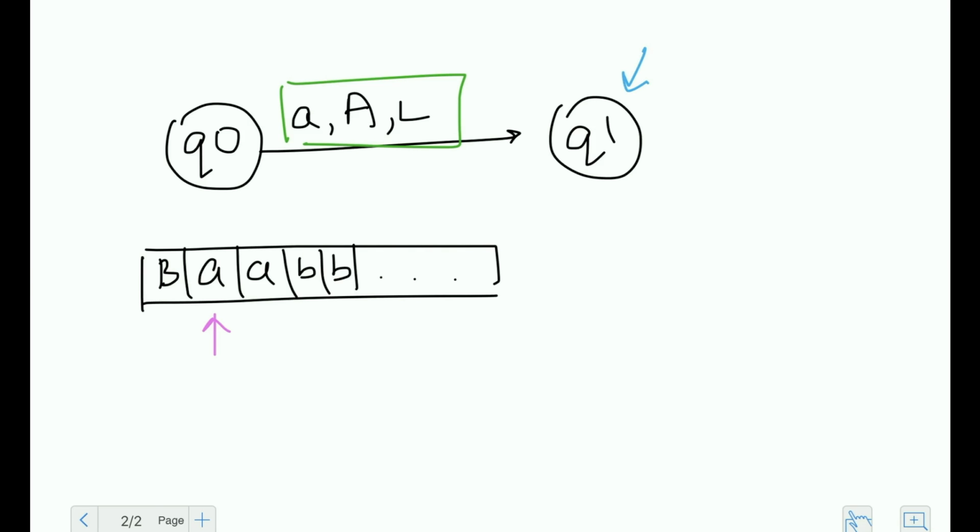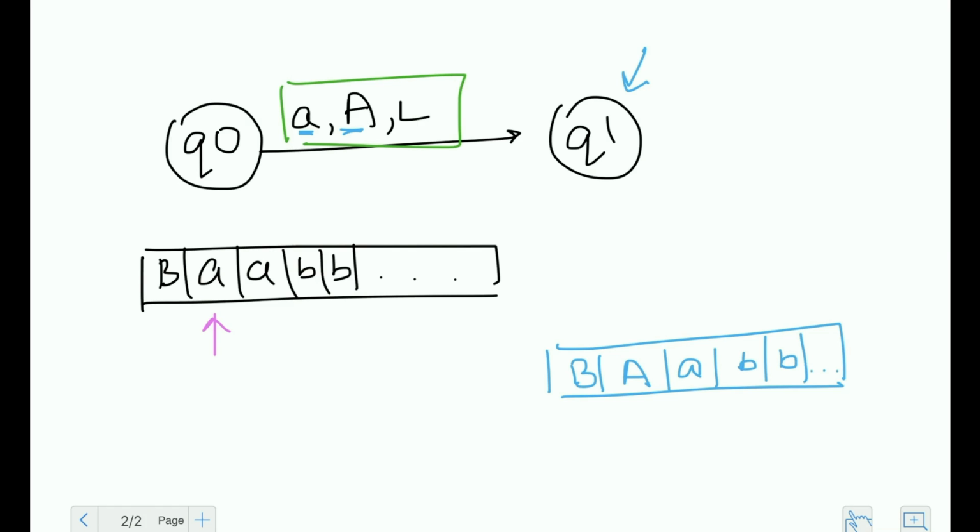This is the state that I'll be moving to, and my new tape will look something like this. I'll have a B here and a capital A here, because I said to change the small a to a capital A, and the rest of it remains the same. So I have B and then all of the other symbols, and my cursor will now be at this position because I said that the cursor should move to the left. So this is what a transition of a Turing machine would look like.